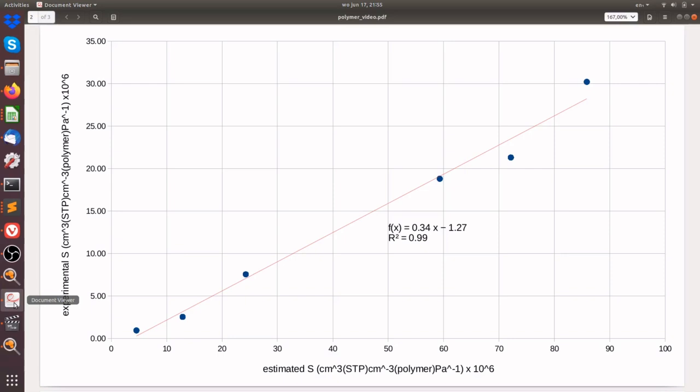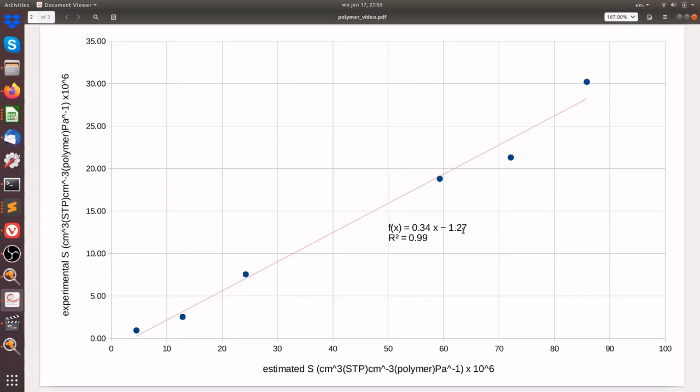So looking at those results, we observe a very good correlation between our estimated solubility and our experimental solubility that I found in the literature. One thing you'll probably notice is that the slope of this line, the line of best fit, is 0.34. This is not as close to 1 as we would like, but this effect is again explained by the effect of crystallinity in polyethylene.